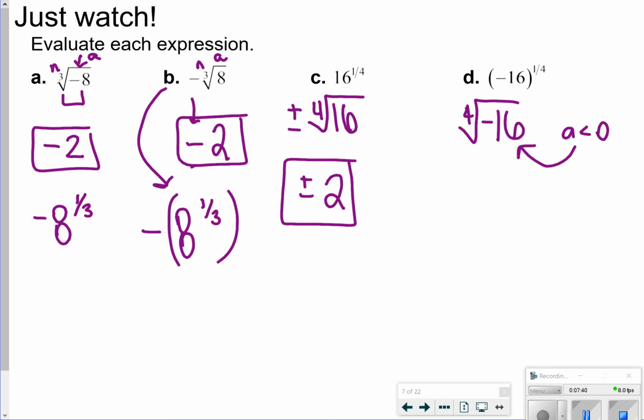So if you go back to your chart, when a is less than 0, there are no real nth roots. So you would say not a real number, because nothing times itself 4 times will give you a negative answer. You're always going to get a positive answer because a negative times a negative will always give you positive, and you're just pairing up all those factors of 2.